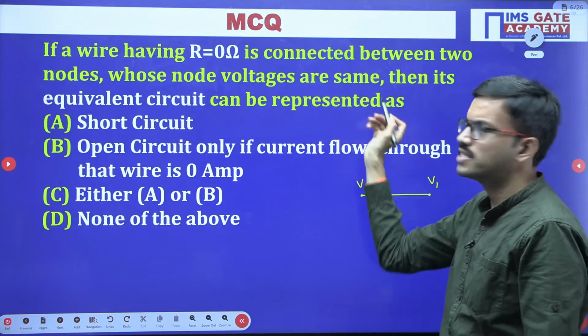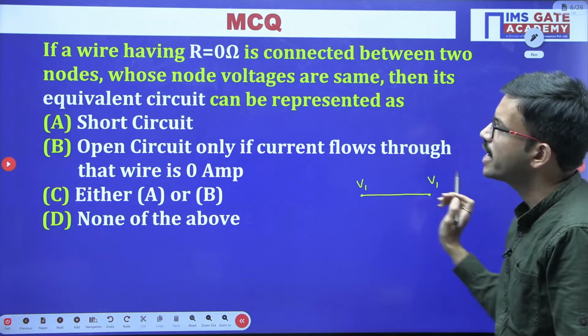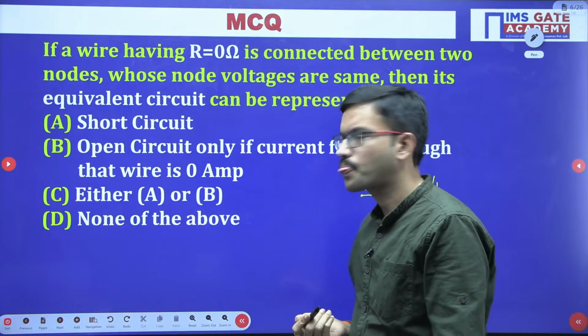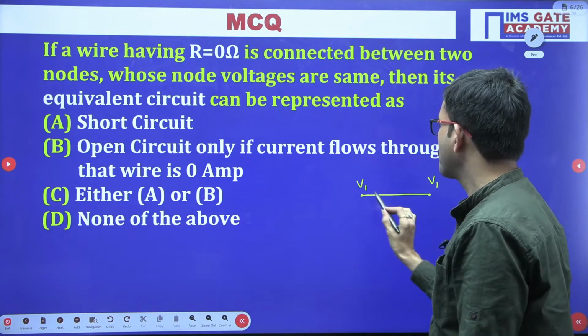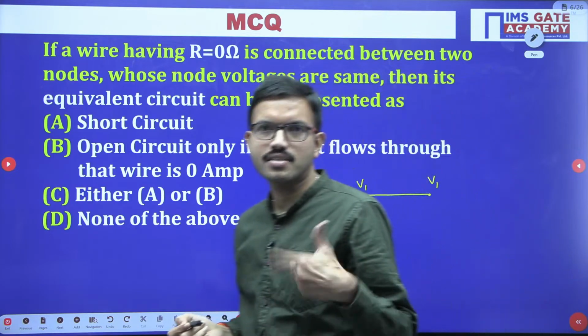Between those two nodes I have connected one wire, and that wire is having internal resistance, or the resistance of that wire is 0 ohm.